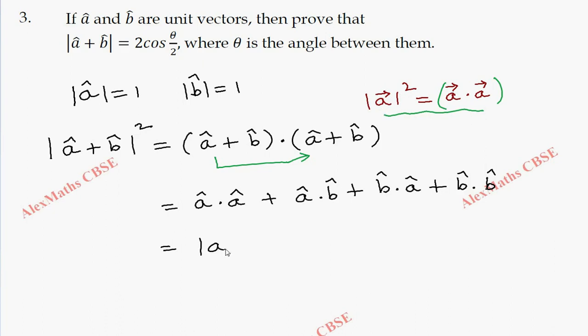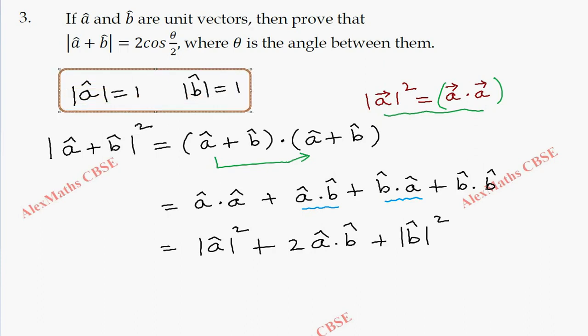So this is nothing but mod a cap whole square, and in dot product a cap dot b cap and b cap dot a cap both are same. It's commutative. So we can write 2 times a cap dot b cap, and the last term once again b cap magnitude square. Already we have written from the question, these two are unit vectors. So the first term and the last term can be replaced with 1. So we get 1 plus 2 a cap dot b cap plus 1.